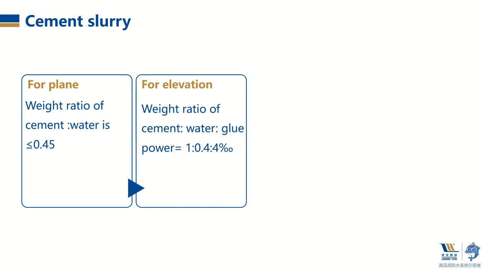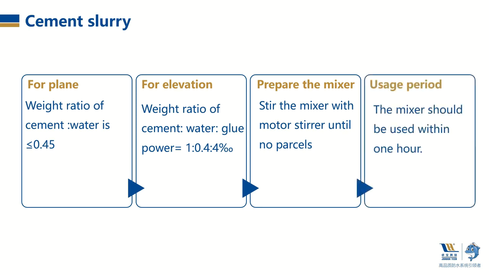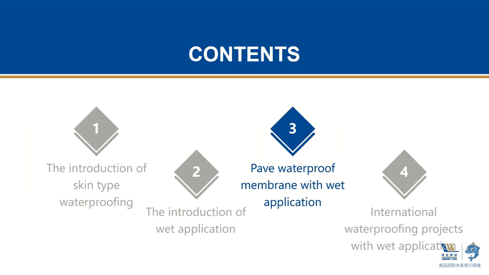But for the elevation, we can add some glue powder, and the weight ratio of cement, water, and glue powder is 1, 0.4, and 4 per 1,000. Stir the mixture with a molten stirrer until low passes, and it should be used within 1 hour.